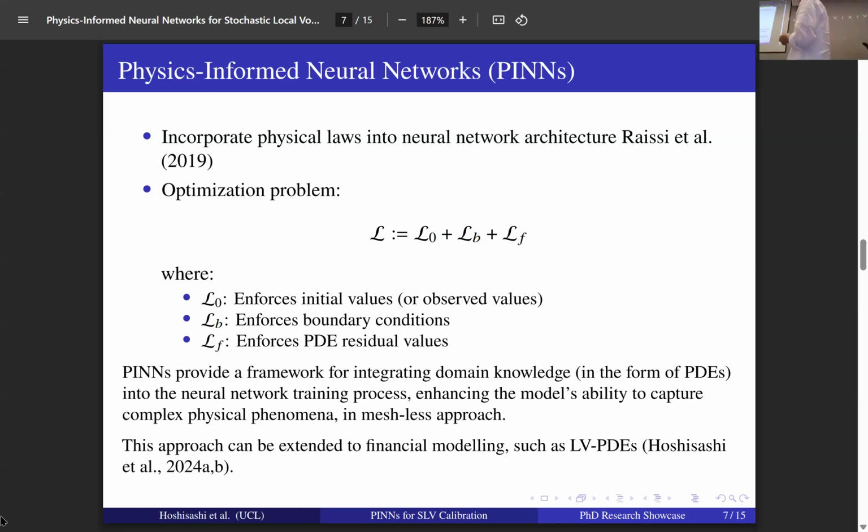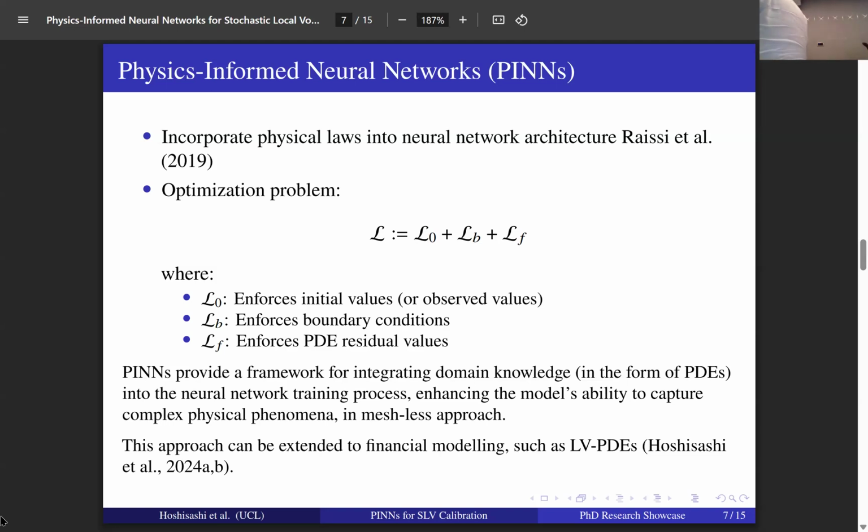So the original paper suggests adding new loss terms, including the PDE residual loss in the total loss function, like L_F here.